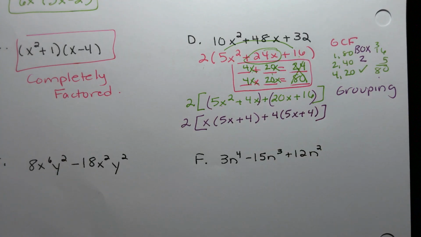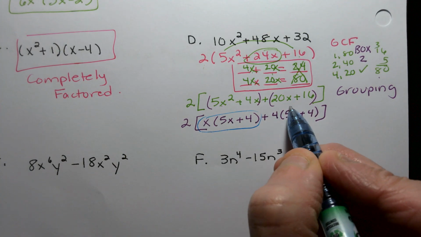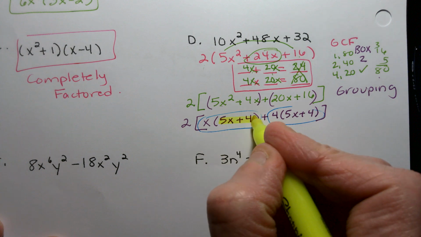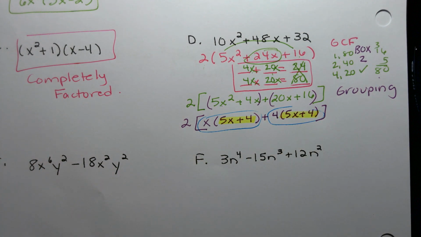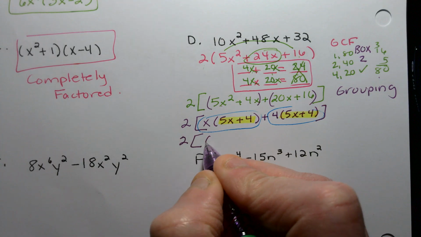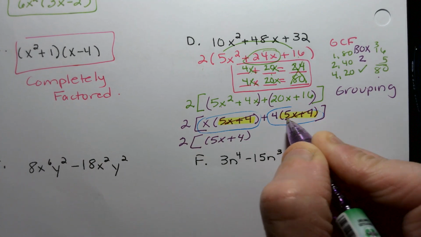All right, so we're noticing that we have those 2 bigger things right here, and those are the same. So I've got the 2, and I'm going to take the 5x plus 4 out, cross it off.